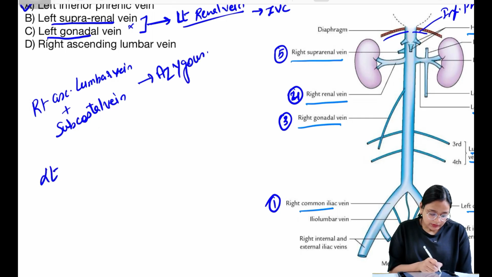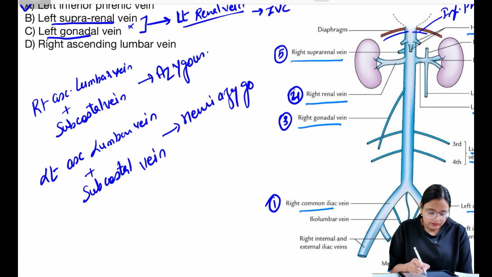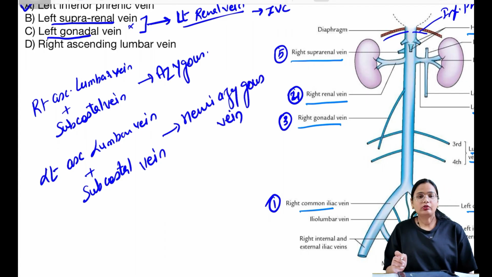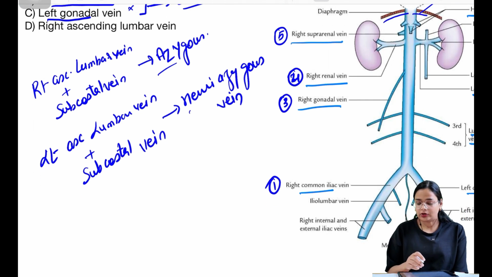On the left side, this left ascending lumbar vein along with subcostal vein forms the hemiazygous vein. So this is all about the tributaries of inferior vena cava, how azygous vein is forming, how hemiazygous vein is forming.